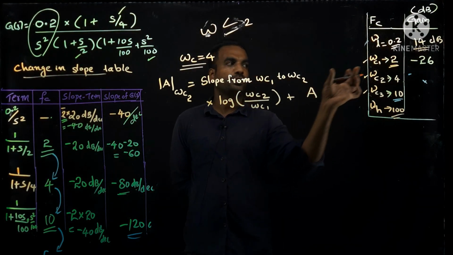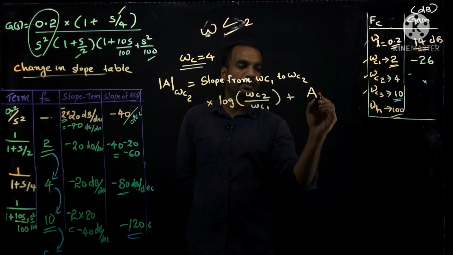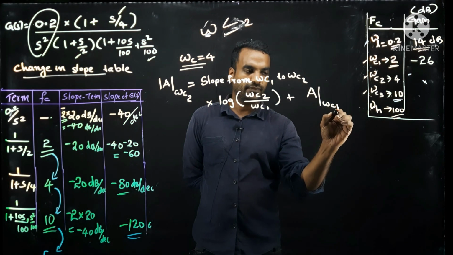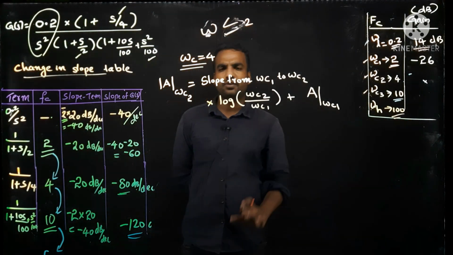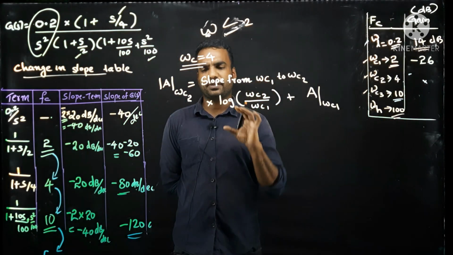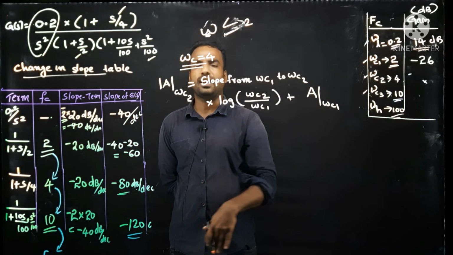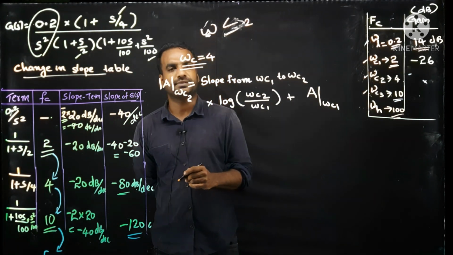What was the last point? Omega C1. Gain at omega C1. You have to learn this equation because it is valid for all the upcoming corner frequencies.